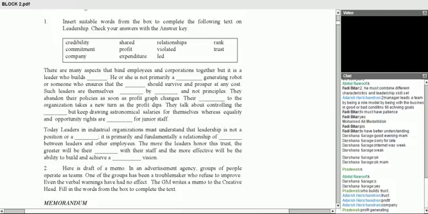Rather than just putting words, why don't you put the numbers along with the answers? Like this word we need to fill in for the first blank, something of that kind.